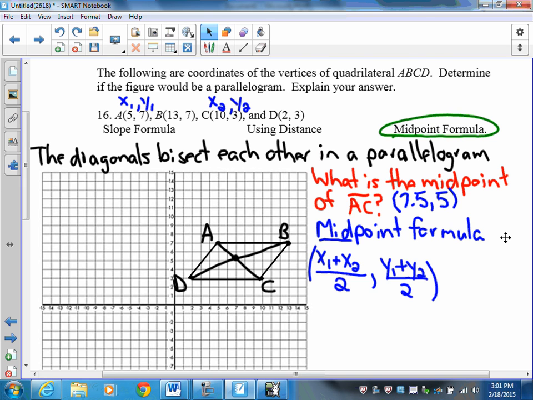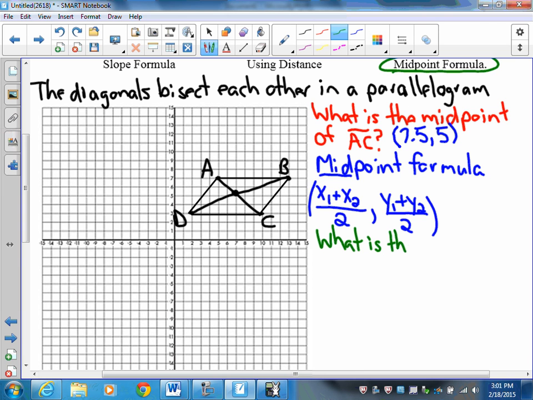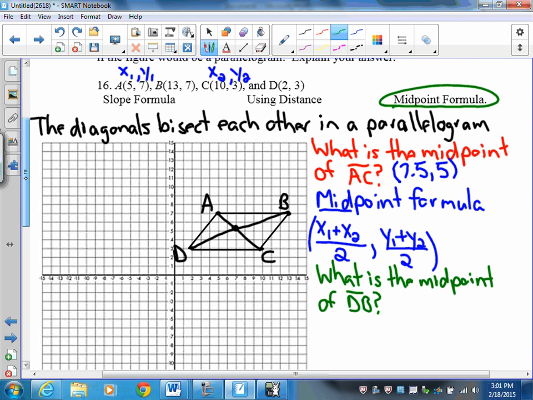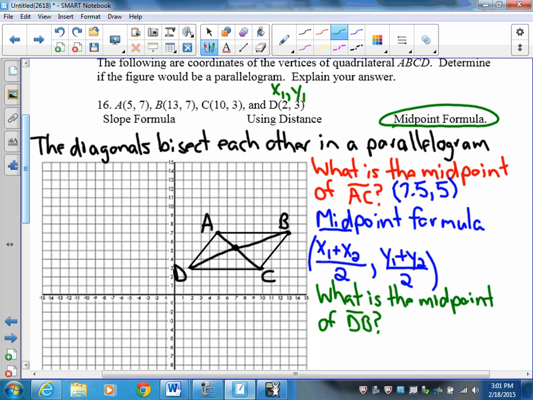And then I need to figure out what is the midpoint of the other diagonal, which is DB. So I have a new x1, y1, and x2, y2, so we'll call D x1, y1, B x2, y2.